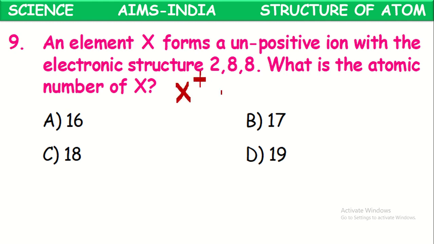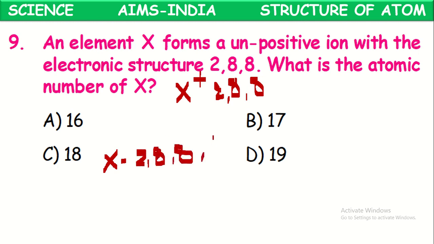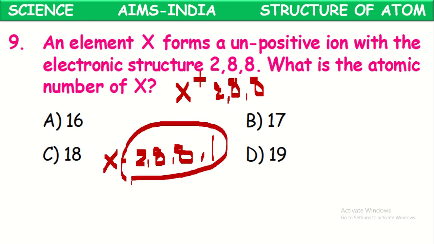Its configuration is given as 2, 8, 8. Now what will be the electronic configuration of X? It is a unipositive ion, meaning it is formed by the loss of an electron. Without losing the electron, how many electrons will be in this? 2, 8, 8, 1.